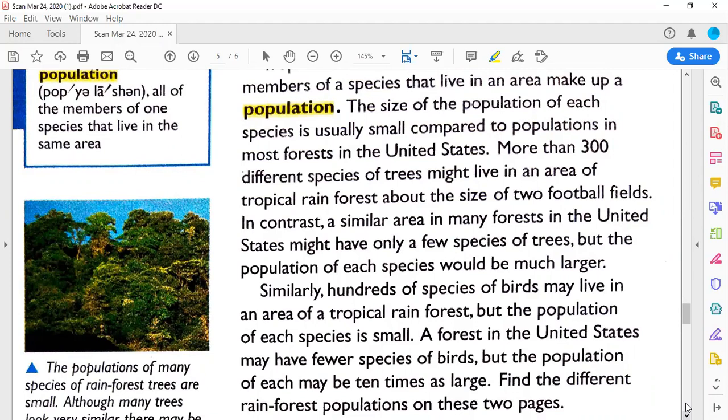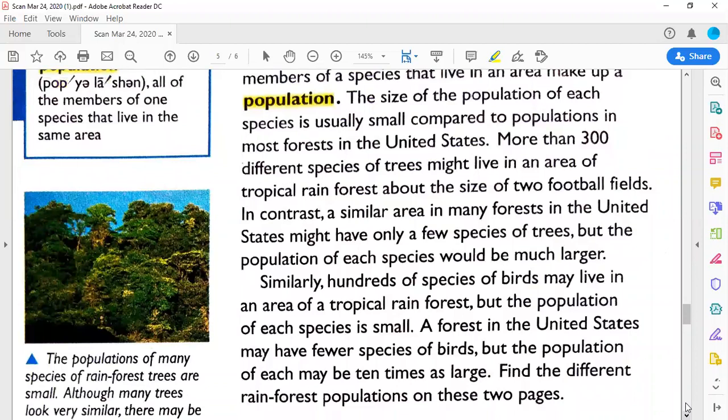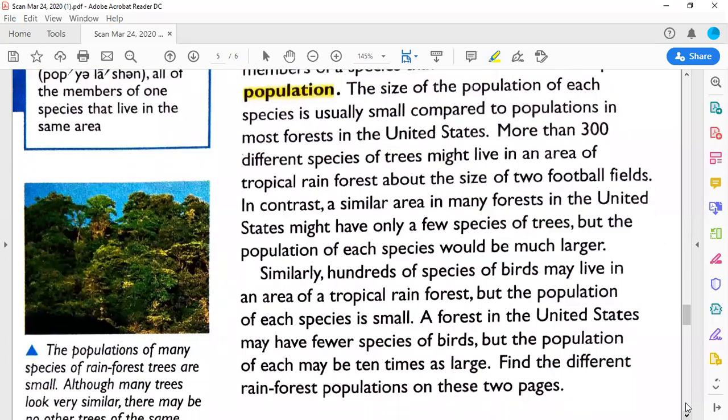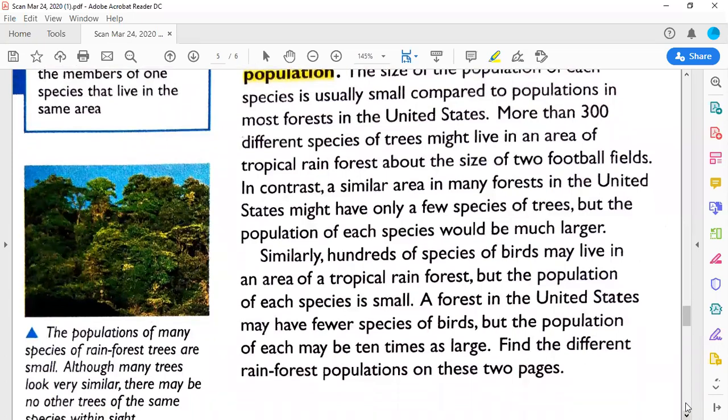A forest in the United States may have fewer species of birds, but the population of each may be 10 times as large. Find the difference in rainforest population of these two pages. Okay, thank you very much, Wilmer.